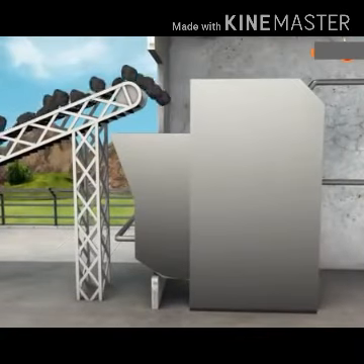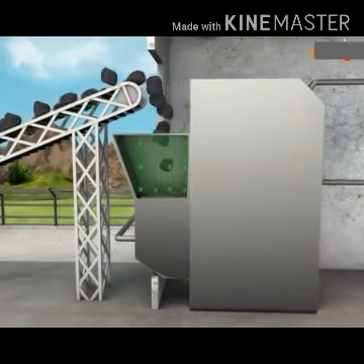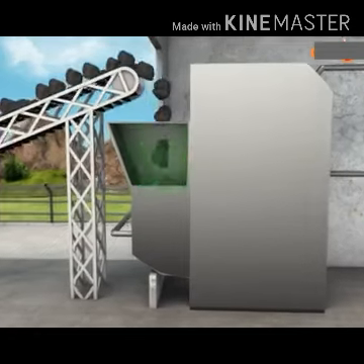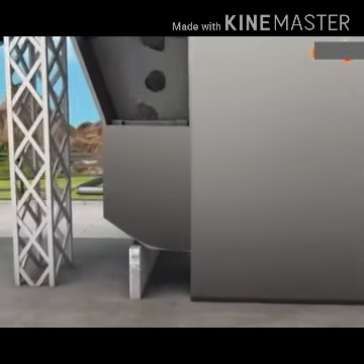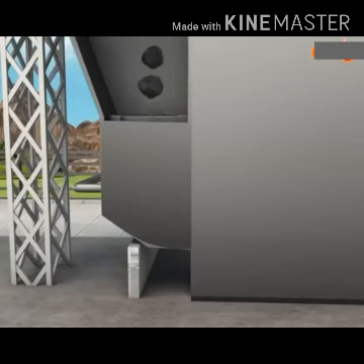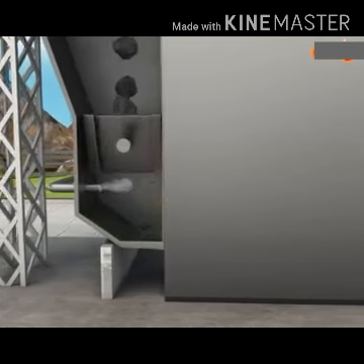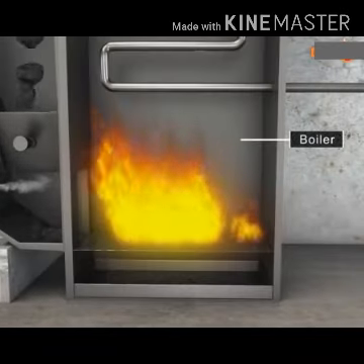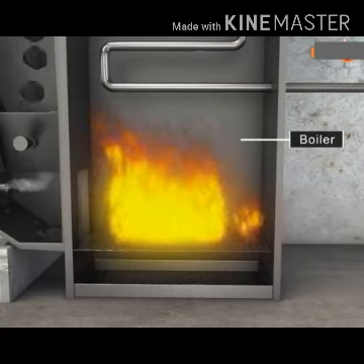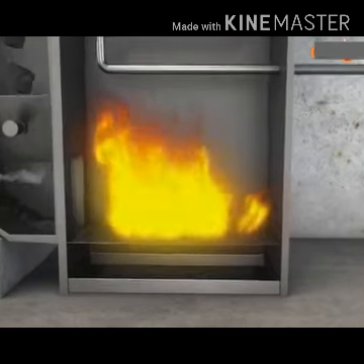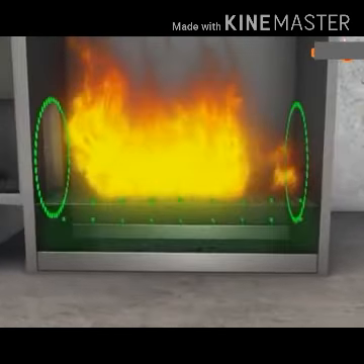First, the coal is ground to a fine powder to burn faster and produce more heat. After grinding, heat is passed through the coal to remove moisture from the air. This powdered coal is then blown into the boiler where it burns, converting chemical energy into heat energy.